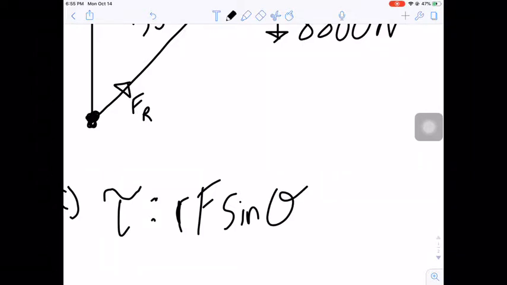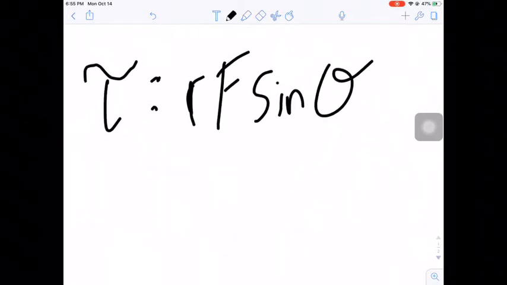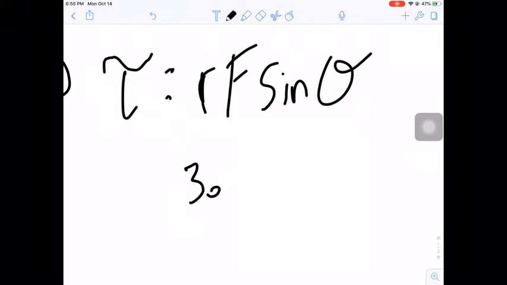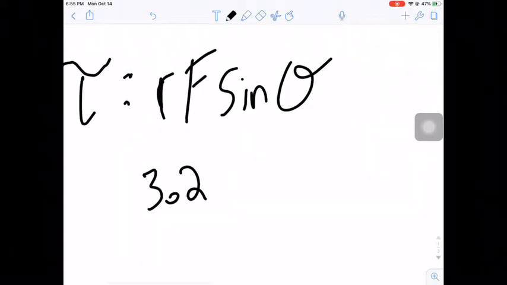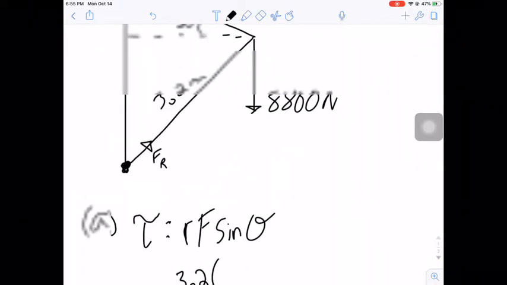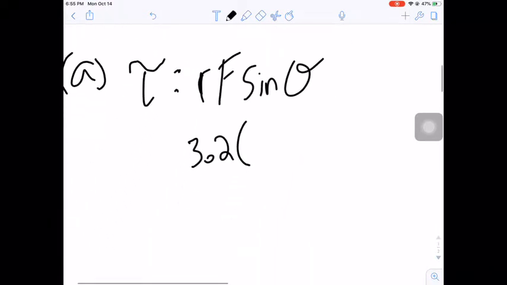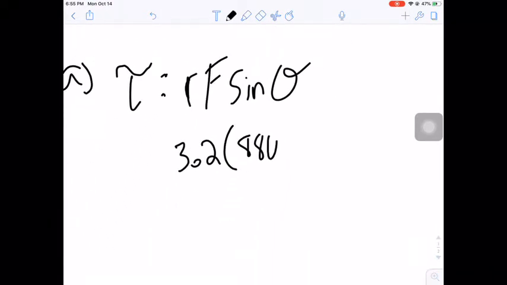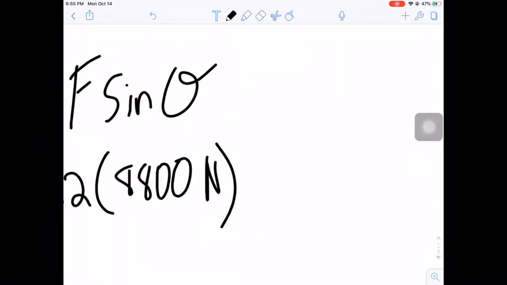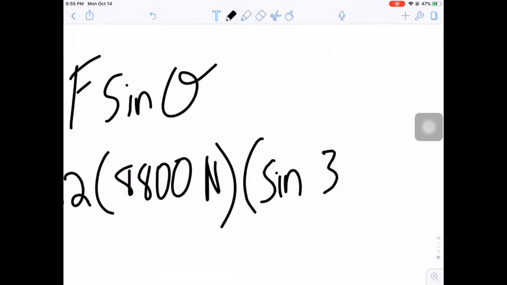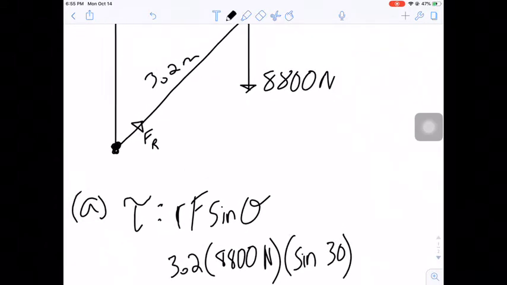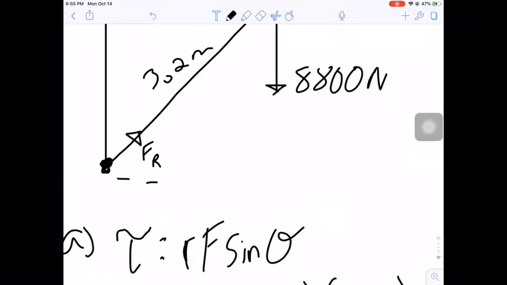So this one will look like 3.2 times the weight force of the shark, 8,800 newtons, times the sine of 30. And we are using 30 because, oh sorry, I forgot to draw this in earlier.